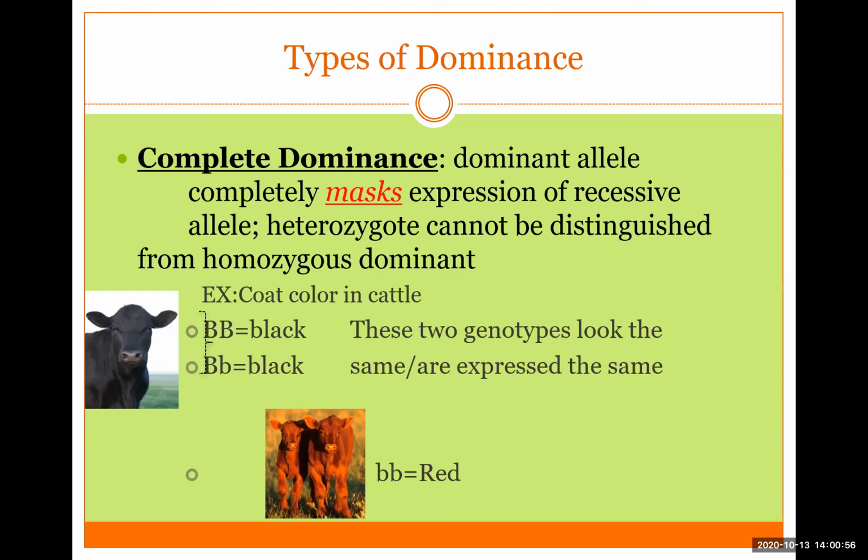So in the case of complete dominance, remember we took a red cow, so she would have been lowercase b, and then we took a black bull, and then we made babies, right? So we wound up with this.